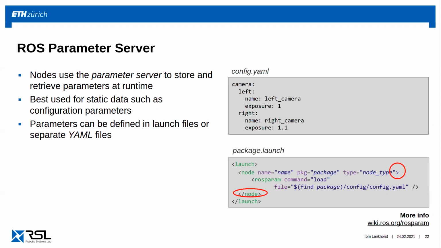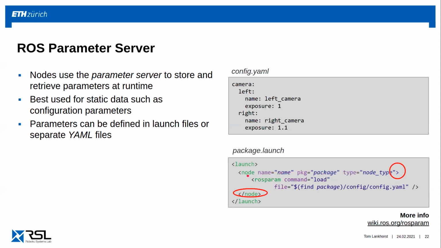Now, when we want to indicate to the ROS Parameter Server that we want to load this configuration YAML, we add an entry to the package launch file. We added a node entry to the package launch file earlier, where we defined the name and the package and the type.